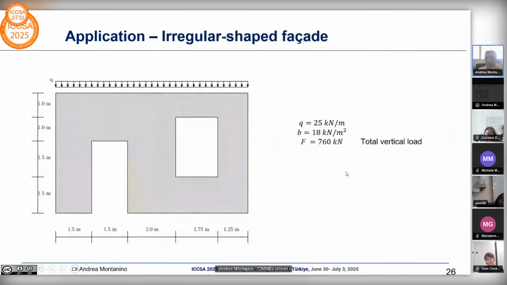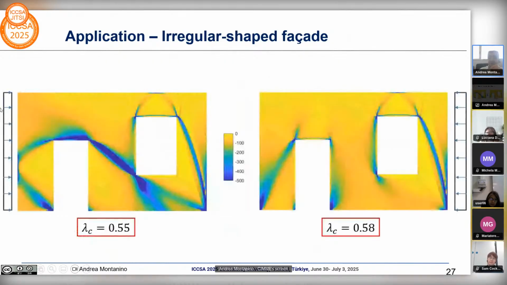But we can apply the same principles to real structures. Here is the case of an irregular shape facade under permanent loads, that is self-weight and applied weight from the top, and bearing loads from the left and from the right side that can be representative of a seismic action, for example.